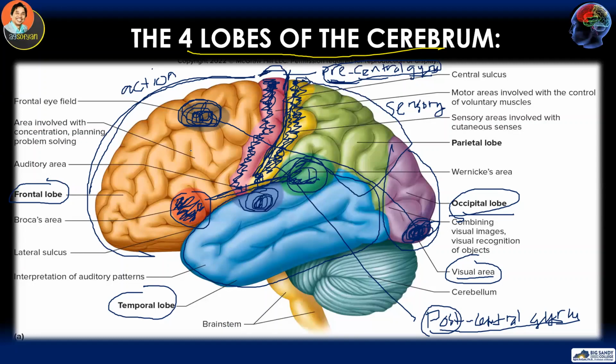Okay. The front part is also used for higher brain functions, like for example learning, concentration, planning, problem solving, answering questions. They're all controlled by the frontal lobe of the brain.